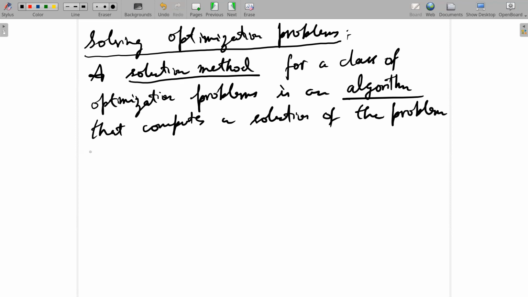And of course, unless it is some closed form mathematical expression, you don't expect that we can always find an exact solution, but rather a solution to some given accuracy, given a particular problem of that class.